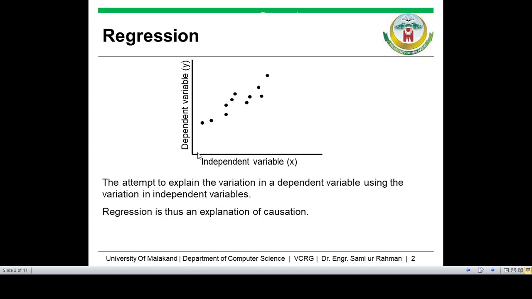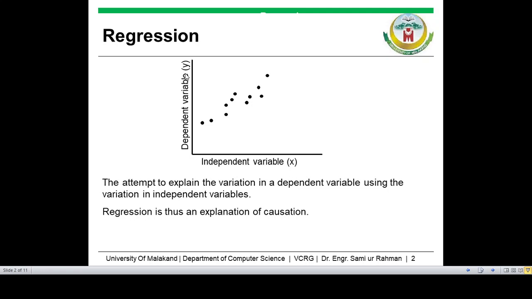independent variable. Let's say on the x-axis we have the independent variable and on the y-axis we have the dependent variable. So what does this mean? This means that y depends on x. If there comes some variation in variable x, that change also brings some change in variable y.